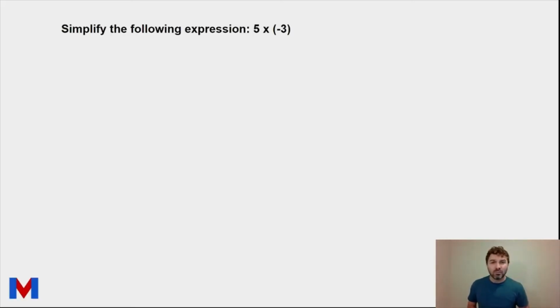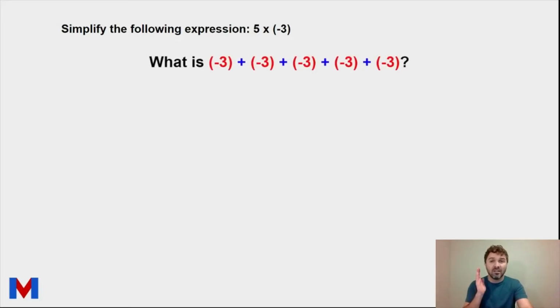Let's simplify the following expression, 5 times negative 3. As usual, we need to figure out what this is actually asking. Well, if we think back to when we learned about multiplying, it's saying there's 5 negative 3's. So what is negative 3 plus negative 3 plus negative 3 plus negative 3 plus negative 3? If you're not sure how to add integers, go back and check out our integers addition video, linked above.